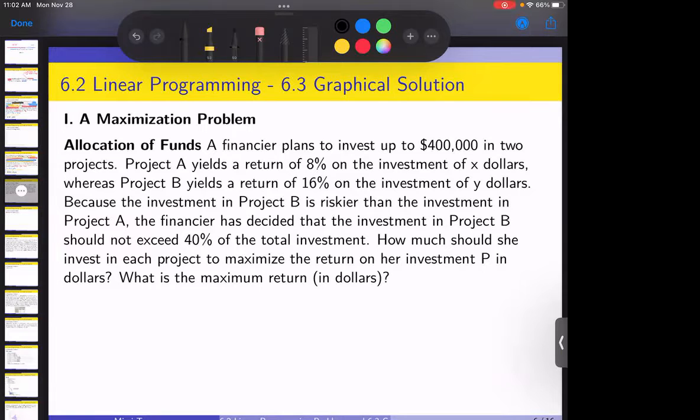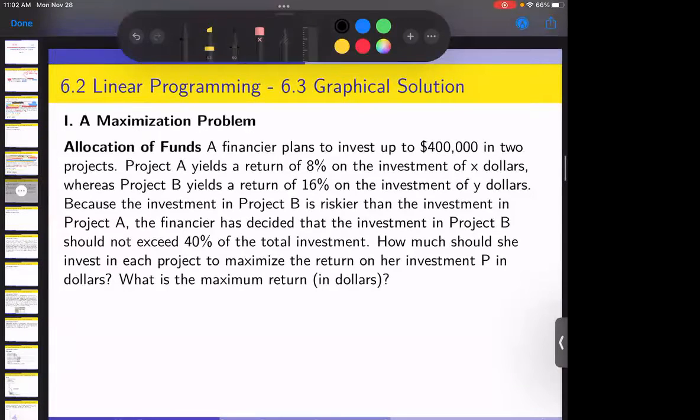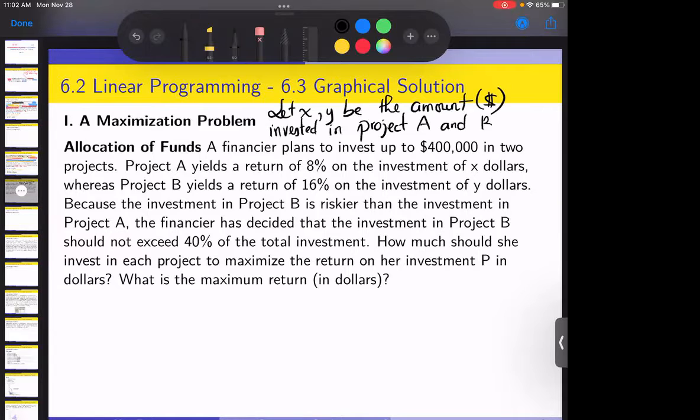I'm going to write it down so I don't forget. Should I use X, Y, or A, B? I'll use X, Y, just like they said. X, Y, the amount in dollars invested in projects A and B respectively.